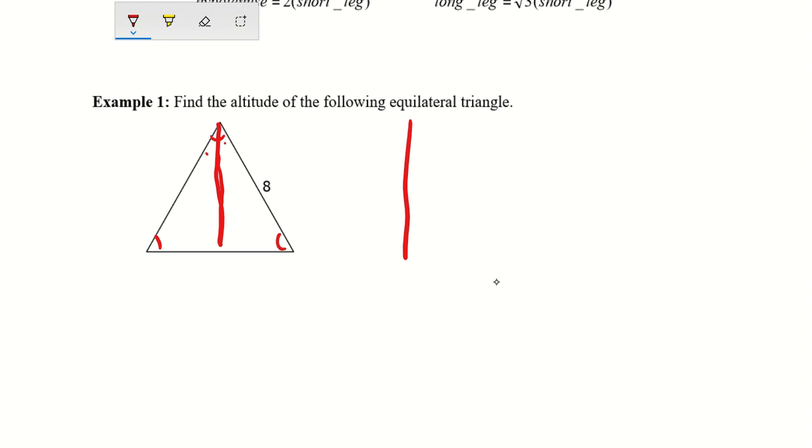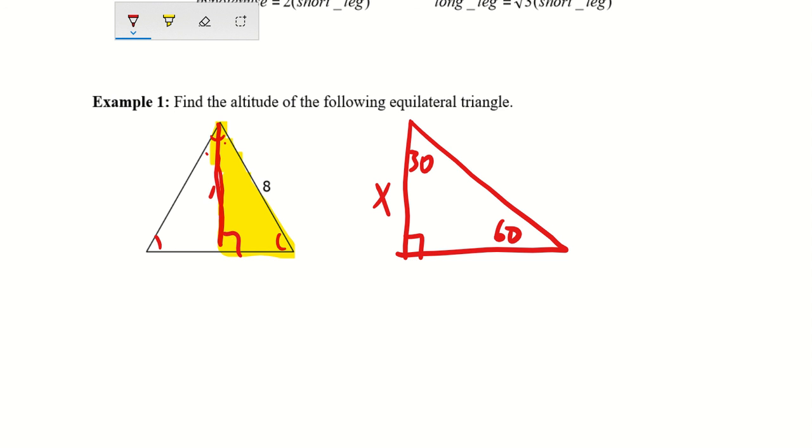So let me go ahead and separate. I'm going to take this triangle out, and we have a 30, 60, 90. This is the one they're trying to find, the altitude. They gave us the hypotenuse, which is 8.